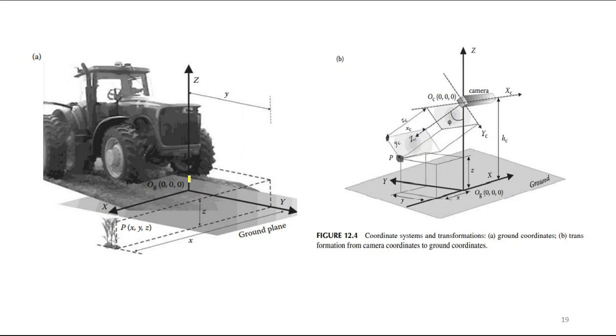Once you know the basic theory, we jump to the camera when it is installed on the tractor. In this image, you can see the coordinate system and the transformation. This is the ground coordinate.